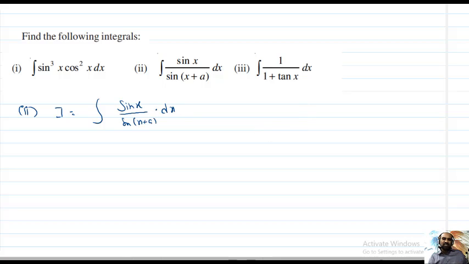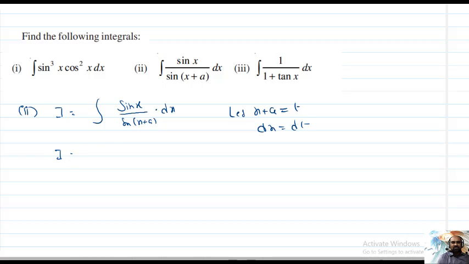Students, if that sin of x plus a is in the numerator, for example, I can split it by using the sin of a plus b formula. After that I can find the integral, but sin of x plus a is in the denominator. Let x plus a be taken as t. Dx equals dt because a is constant here.